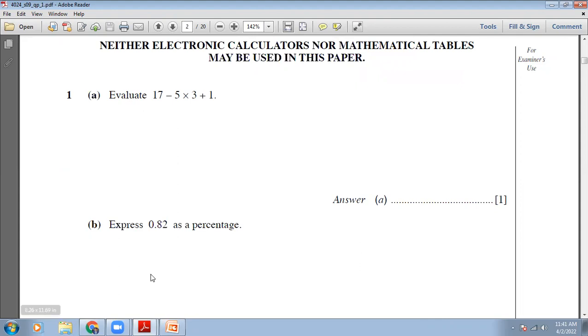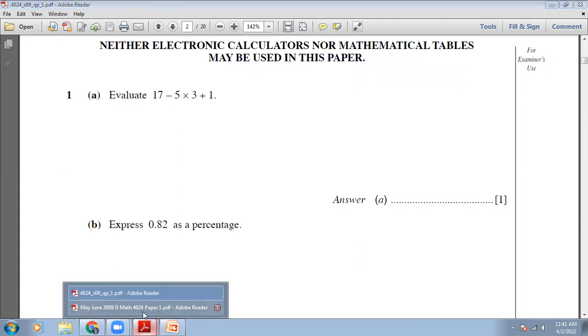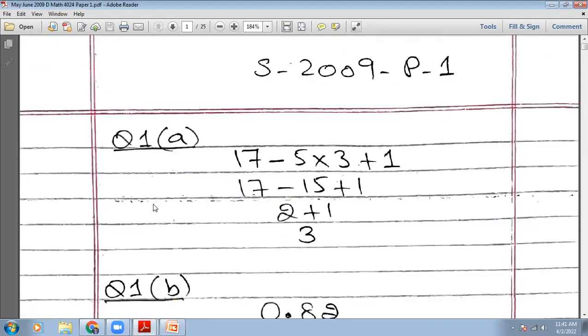So we multiply minus 5 with 3, and here we go: 17 minus 15 plus 1. 17 minus 15 is 2, and 2 plus 1 is 3. I have already checked these answers with the marking scheme.